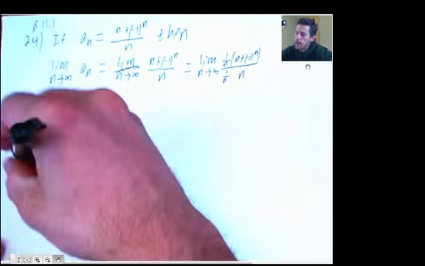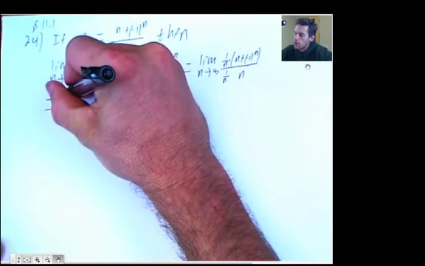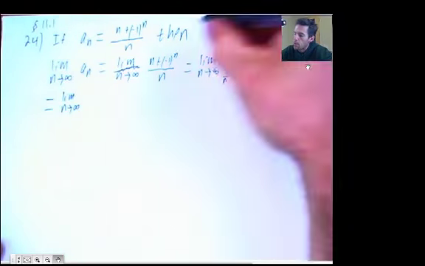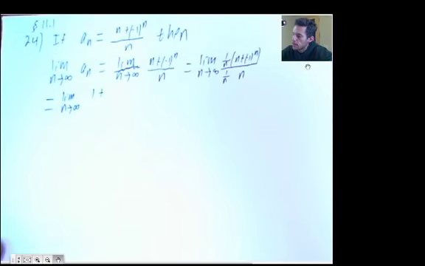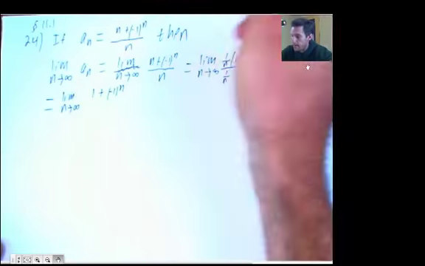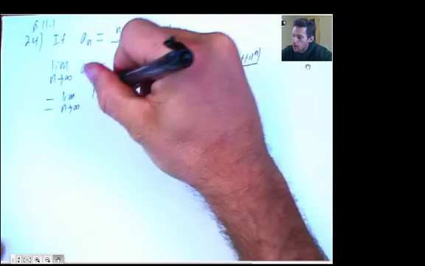That, I'll say, is equal to the limit as n goes to infinity of 1 plus (-1)^n over 1. Okay, so I guess I don't have to do anything with an n.